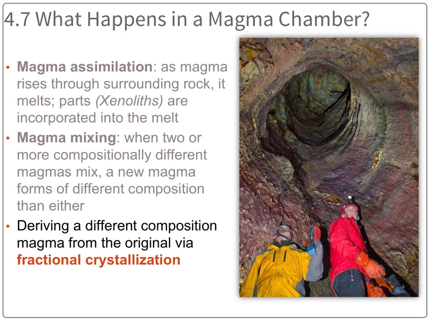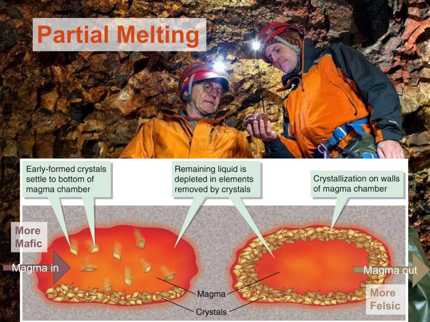And if those materials are going into the small crystals of olivine that are beginning to form in the magma as it's starting to cool off, clearly those are going to be taken out of the melt, and the balance of materials in the melt is going to change over time. So you can see that here we've got partial melting of the surrounding country rock. We've got partial initial crystallization of minerals.